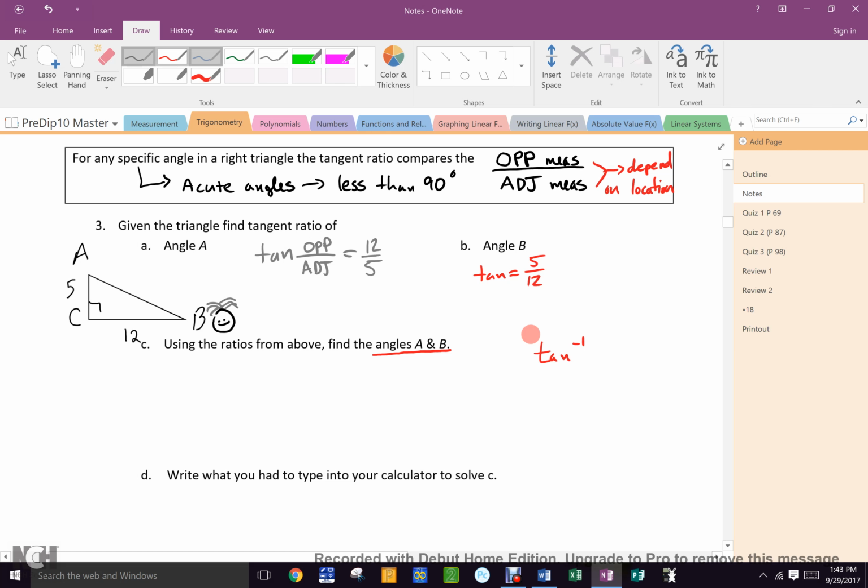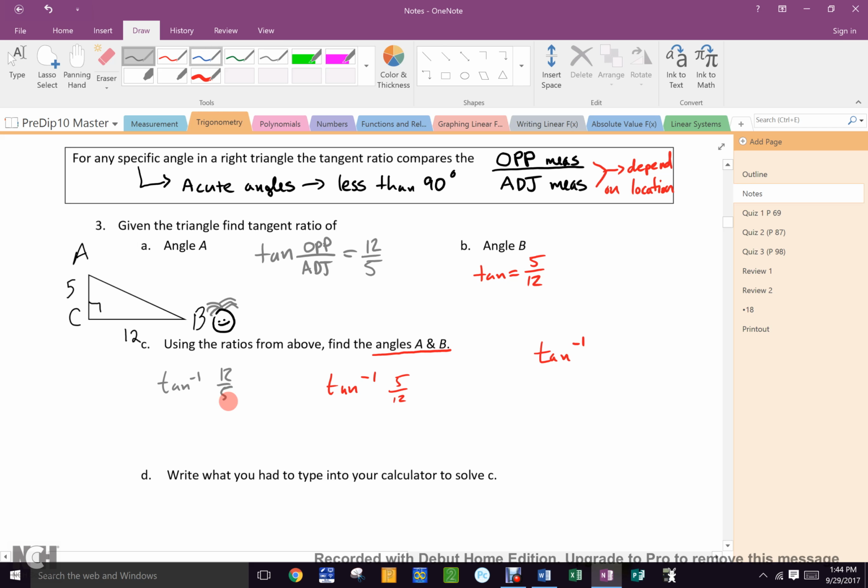So, the first one, I must do shift tan of what? 12/5. And for the second one, I must do shift tan of 5/12.